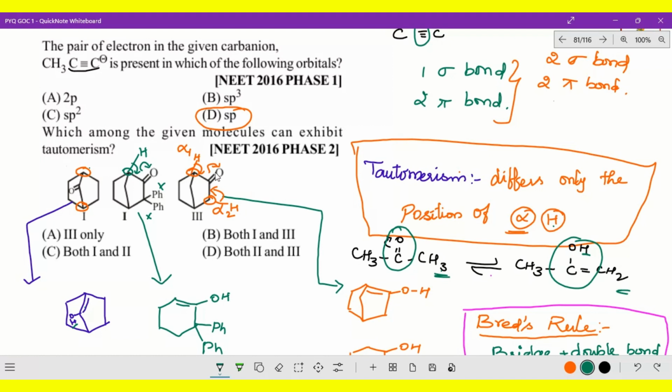So where do you identify the alpha hydrogen? You will get the alpha hydrogen here as well as here. So this is one alpha hydrogen, and the other alpha hydrogen is here. So the alpha hydrogen that goes to attach over there, this is alpha hydrogen 1, this is alpha hydrogen 1, because two things are possible. So which is possible in a proper way, I just mentioned here.